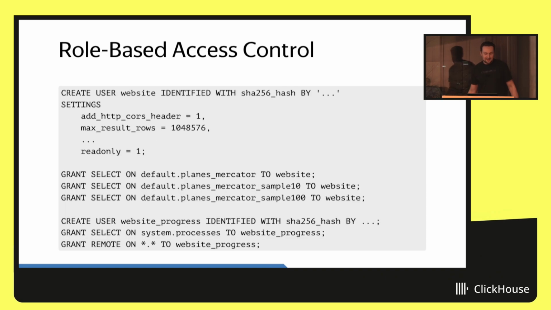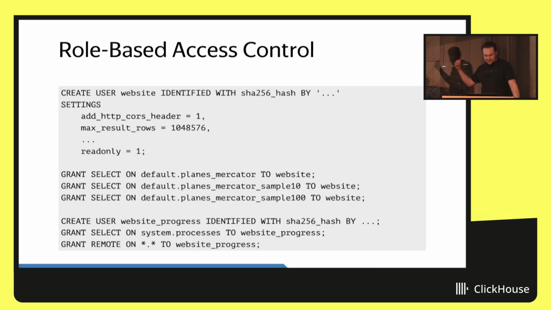Another point, ClickHouse has flexible and rich role-based access control. So for my website, I created a user with some settings. For example, this setting. Probably backend developers don't know what it is, but frontend developers definitely do. It is to enable a specific HTTP header to allow querying this server from other origins.